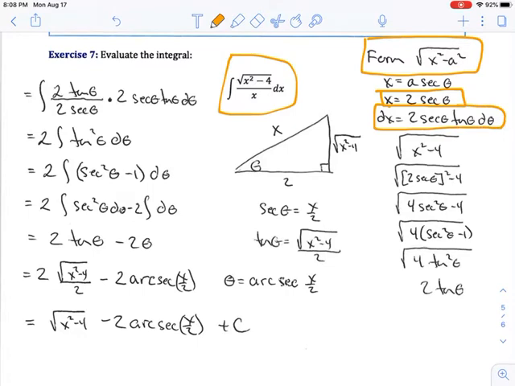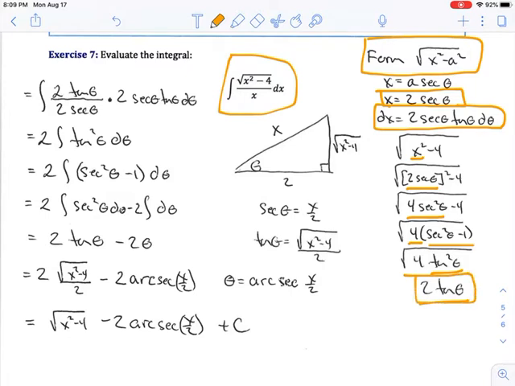The rest of this is pretty much the same thing as the last two videos. We're going to take out the x, put in 2 secant theta, square it, factor out the 4. Secant squared theta minus 1 now becomes tangent squared theta, another one of the Pythagorean identities. And now the square root of 4 tangent squared becomes 2 tangent theta.